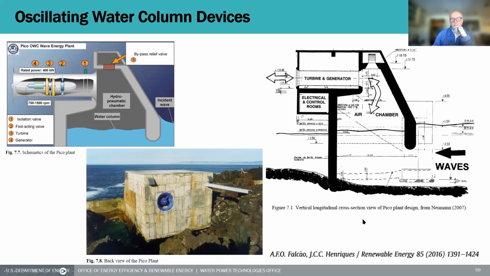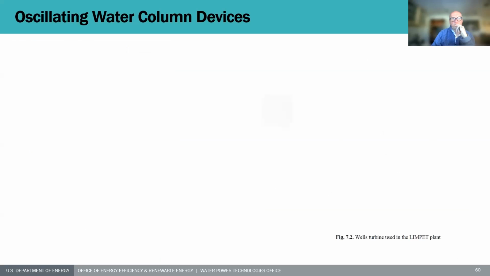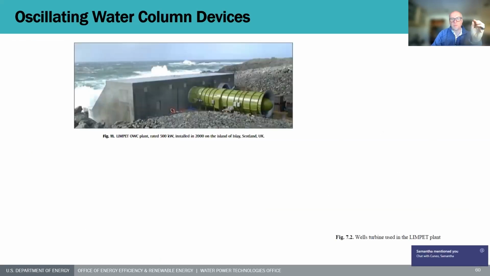This device is not in operation anymore. Pico has great waves, but not such a good supply chain in terms of labor skills as well as material and other things. Okay, more oscillating water columns. Oscillating water columns are probably the most developed, the most investigated wave energy converter archetype.